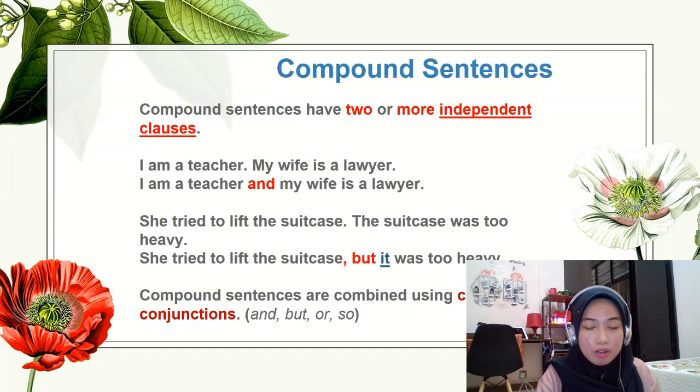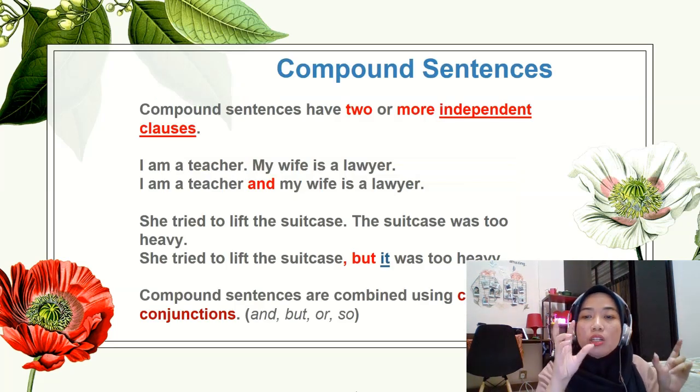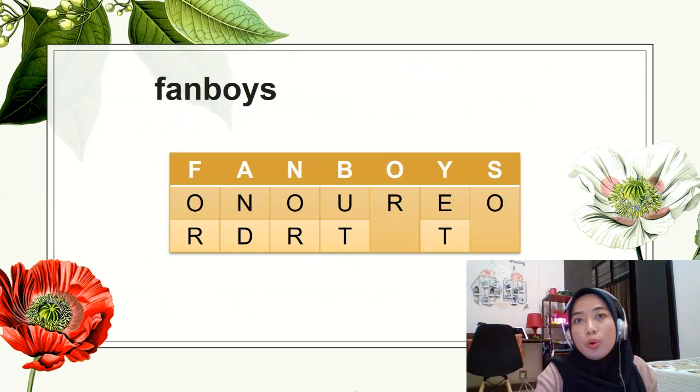Okay, all right. Now let's talk about coordinating conjunctions. I have compiled everything for you guys and made it easier for you so that you know the coordinating conjunctions. If you want to remember coordinating conjunctions, just remember FANBOYS.